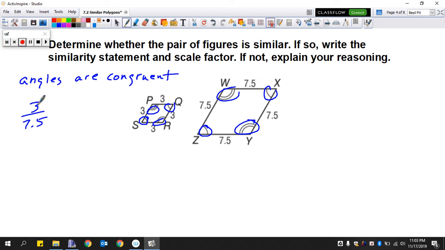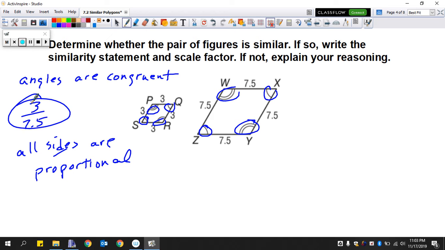So all sides are proportional, and this is our scale factor.